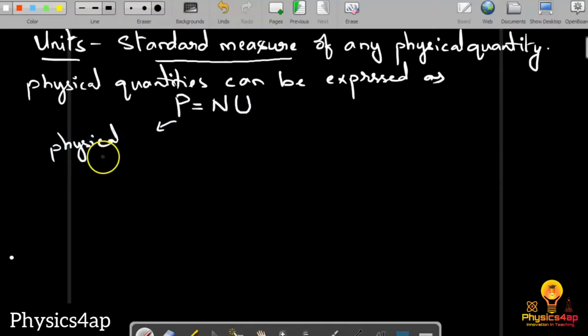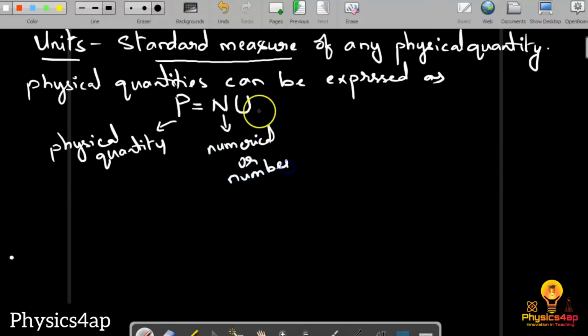So it could be any type like fundamental or derived or supplementary. So any kind of the physical quantity. N means number or numerical, and U means the unit of quantity, or it can be called as unit of quantity.